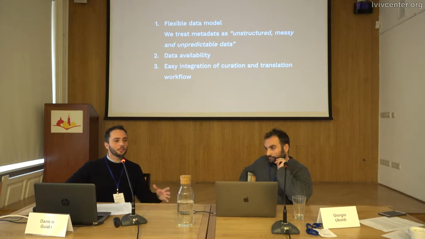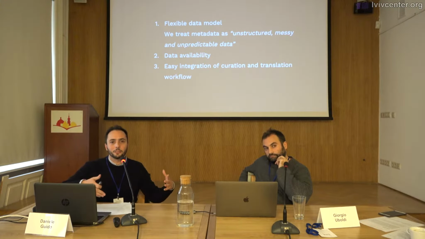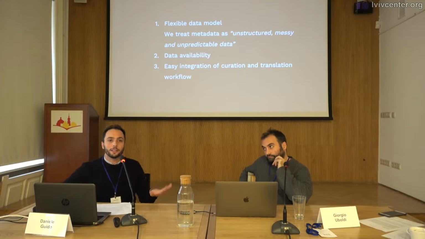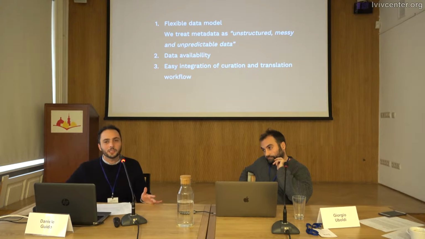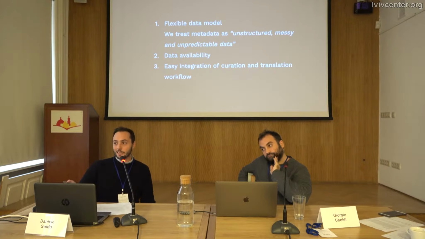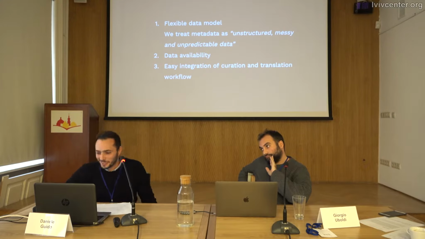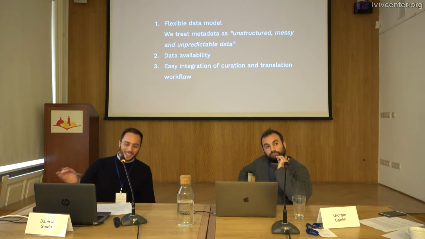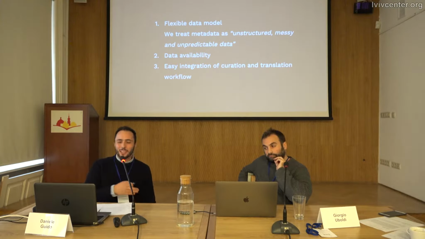With NoSQL, you don't have relationships, you don't have tables, you put only the data, whatever they are, and then it's up to the database to understand the structure. This is used for big data and for unstructured, messy, and unpredictable data, like the cultural data coming from the different institutions, because we had to cope with different data formats.